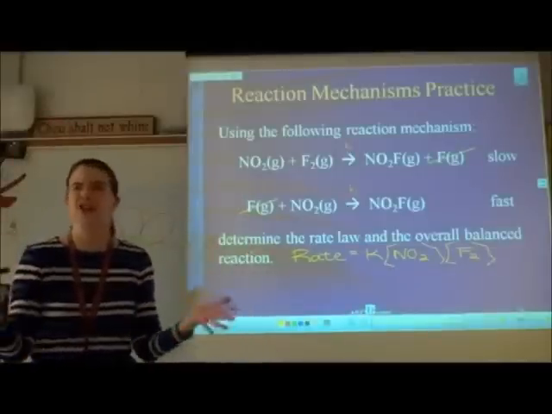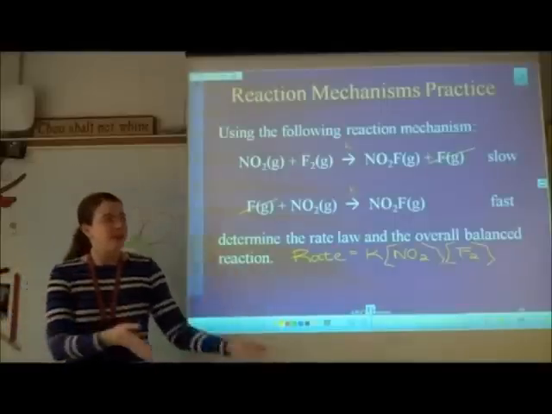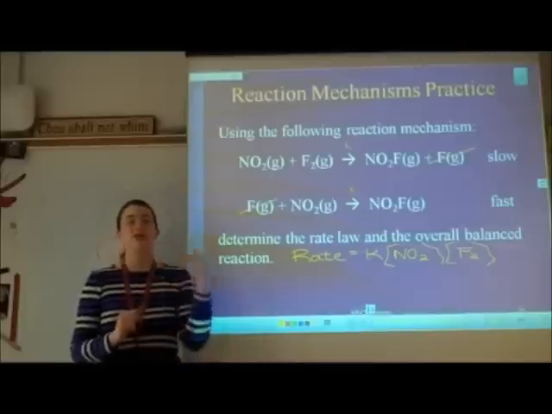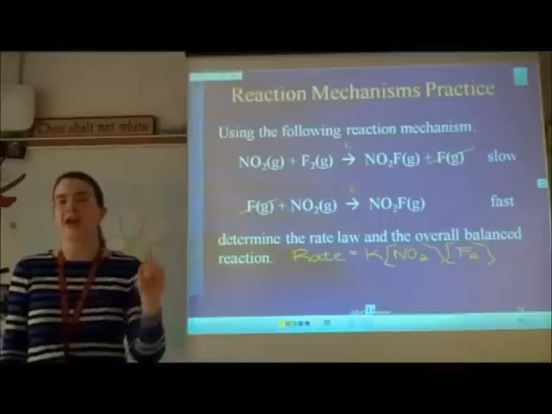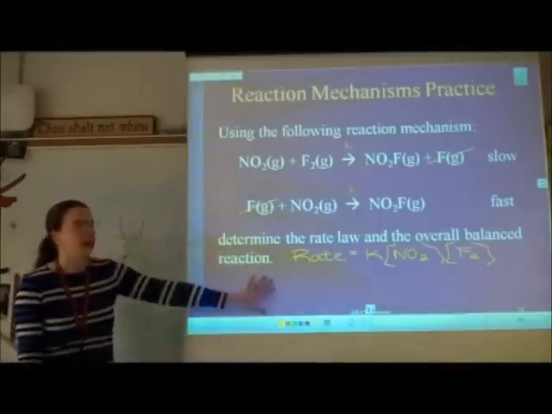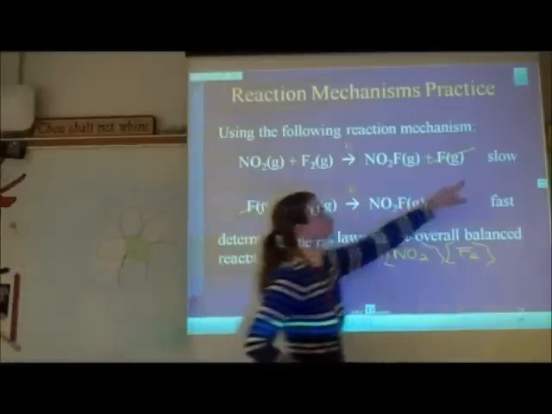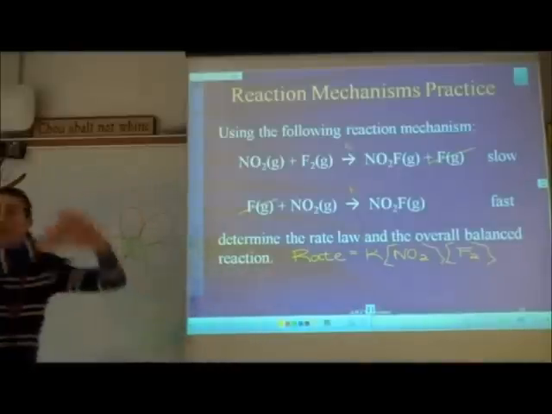That didn't take that much time. It's still a pain. Then the second type took a long time. We had to do all this graphing just to find one single exponent, one number. We didn't have to do any of that here. Just because I was told which step was the slow step, I can write the rate law for the whole thing.